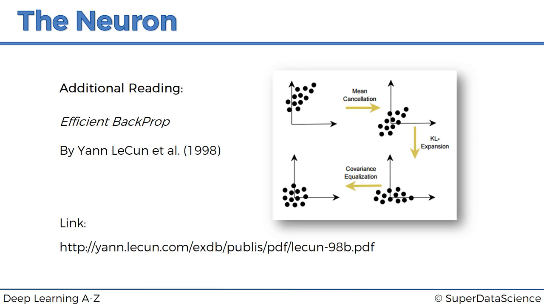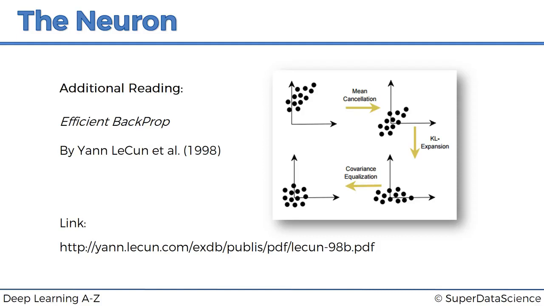He's a close friend of Geoffrey Hinton, whom we've already mentioned. In this paper, you'll learn more about standardization and normalization, but you can also pick up lots of other tips and tricks, and it'll be a good source for additional reading as you go through this course. So check it out if you're interested.